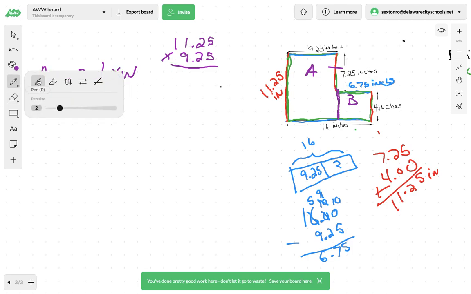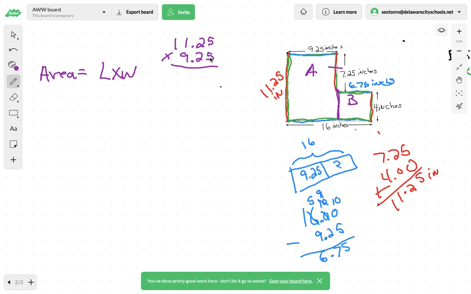All right. Now, again, I'm going to wait until the end. I'm not going to worry about these decimals until the very end. Then I'll count up my decimal places. But for right now, I'm just looking at the digits. 1125 times 925.